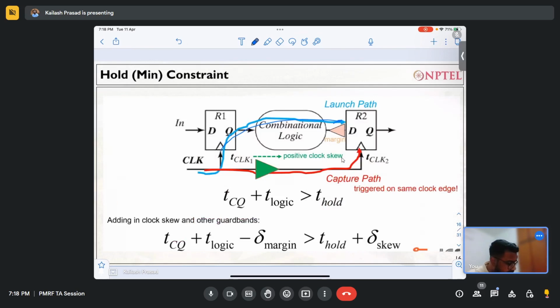Why? Because suppose I have a clock over here, which is my clock 1, and I have a clock over here which is my clock 2. Suppose we are taking the ideal condition. What happens is that as soon as this clock comes, I have a data. Suppose the input is 1, initially it was 1 and now I have made it 0.